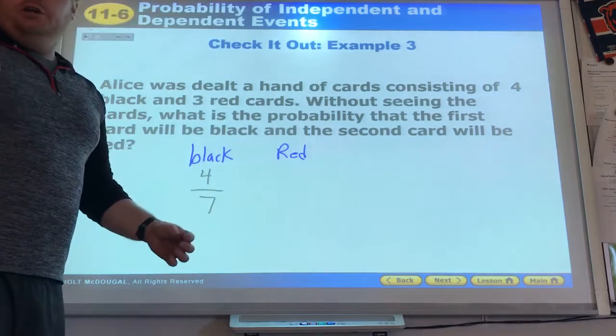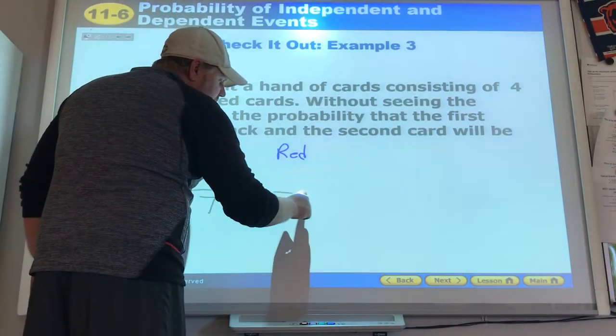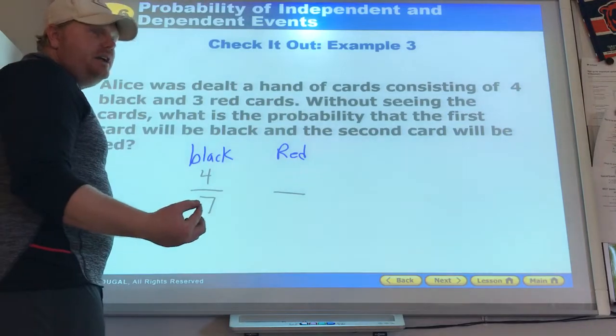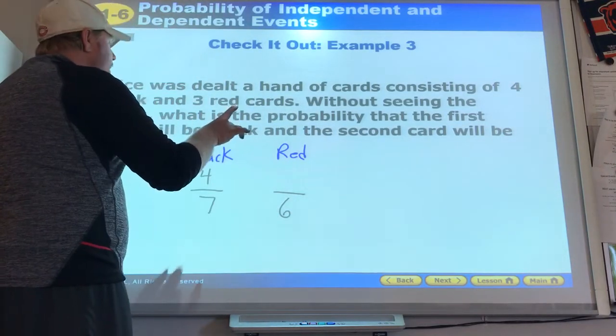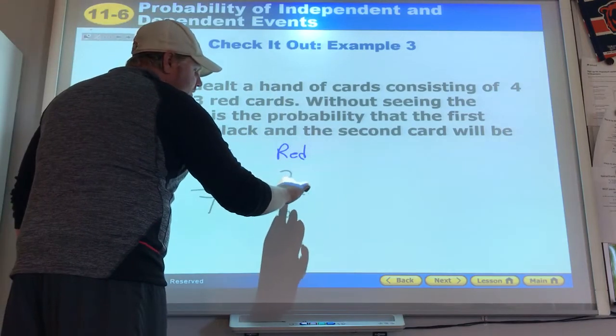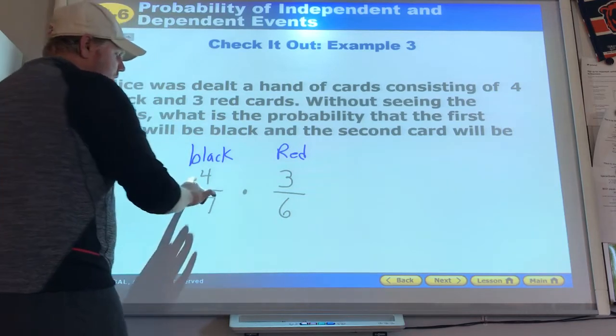Black card! Yes, good. Throw it over there. Now, since I took that 1 card already, how many cards are left in her hand? Just the 6. How many of those are red? Oh, she got black the first time. That didn't change that. 3. 3/6. All right.